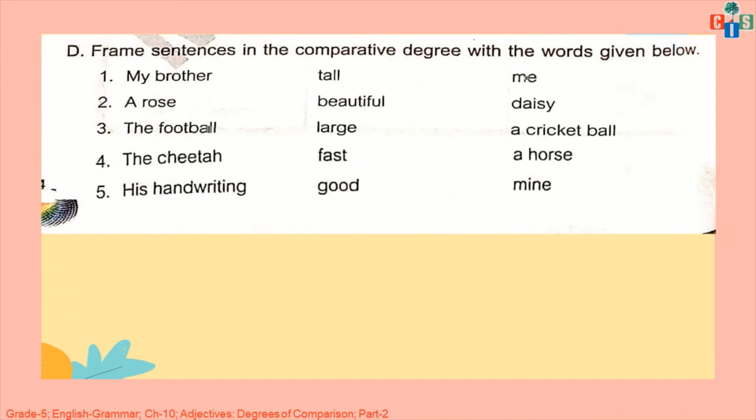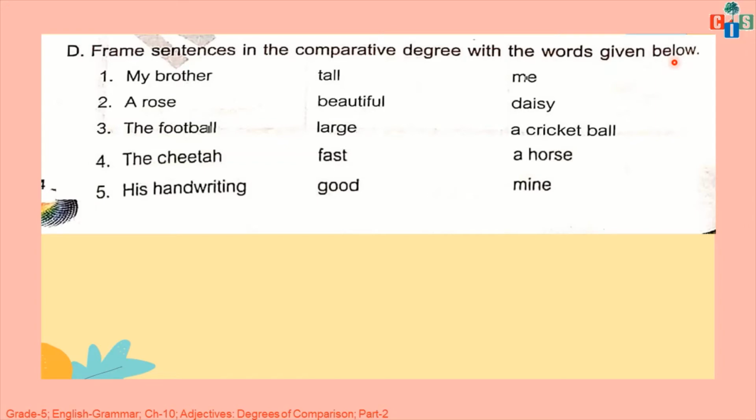Yes, in the last video we finished exercise C. So this time we have to do from exercise D. What is the question of D exercise? Frame sentences in the comparative degree with the words given below. So what is in the question?